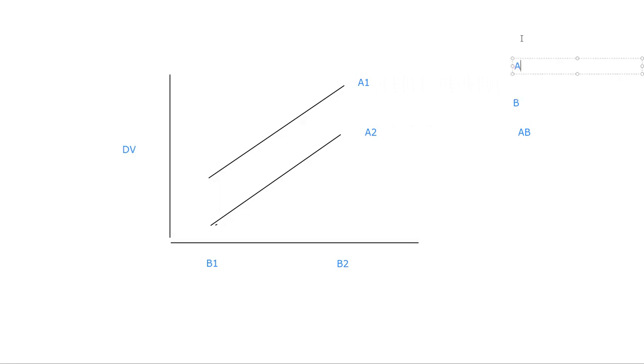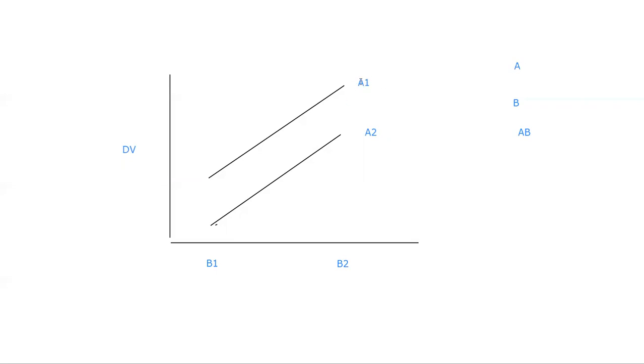So let's start with main effect of A. Is there a significant main effect of A? Again, in the real world, we would want to use an F statistic, get a p-value, and all that sort of stuff. But for our purposes here, we're going to say any visible difference is a significant difference. So is there a main effect of A here?